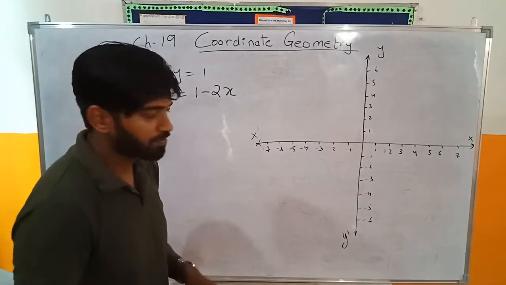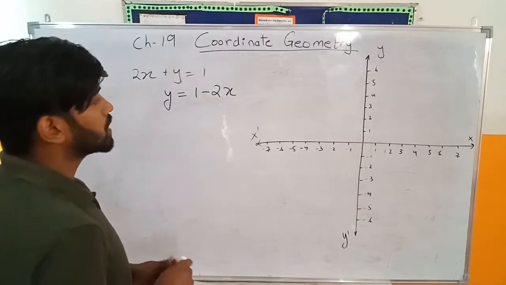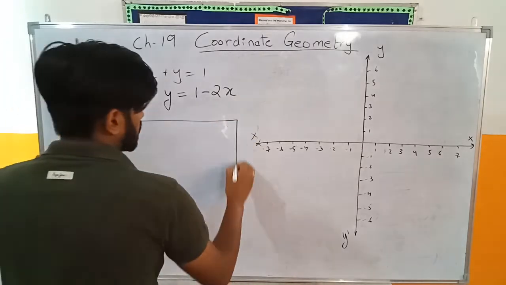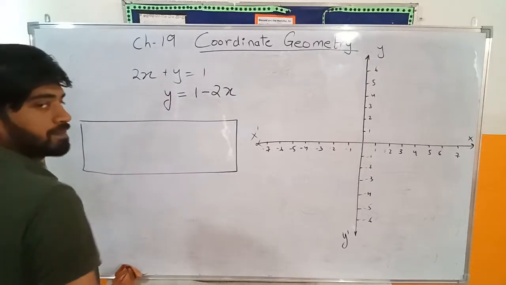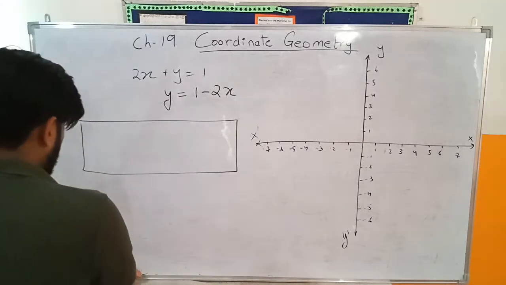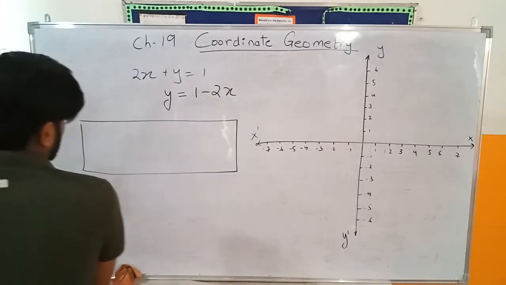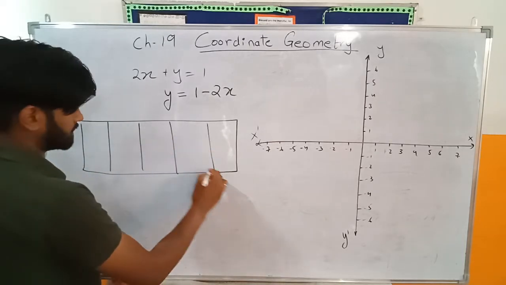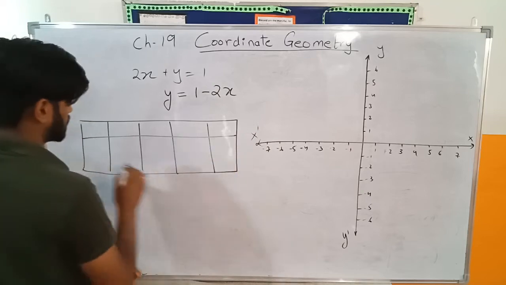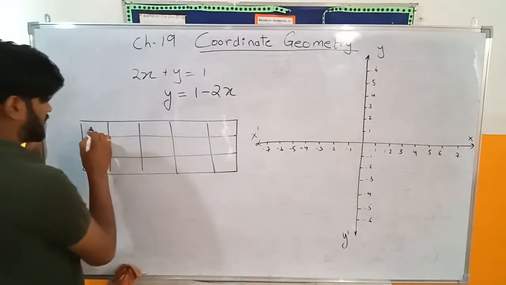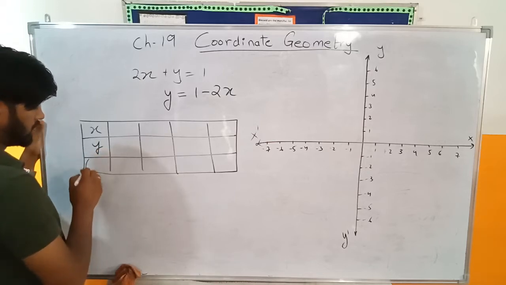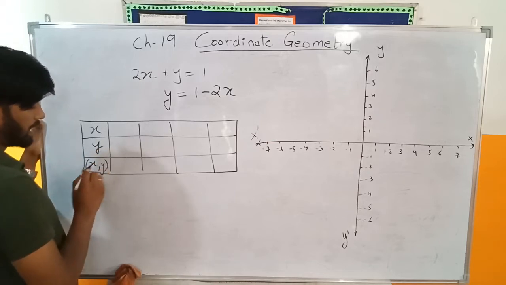Now what you need to do is make a table. I'll put the values of x over here, values of y over here, and x comma y over here. I'm going to plot the points.